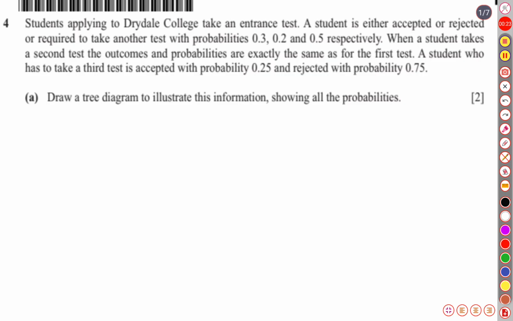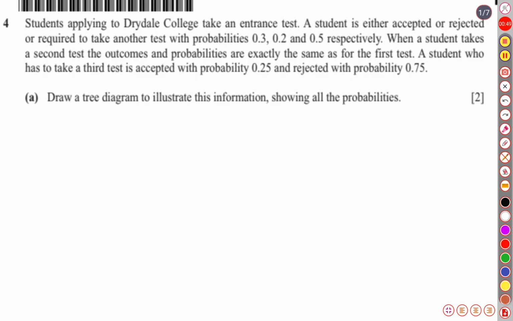When a student takes a second test, the outcomes and probabilities are exactly the same as for the first test. A student who has to take a third test is accepted with probability of 0.25 and rejected with probability 0.75. Draw a tree diagram to illustrate this information showing all the probabilities.